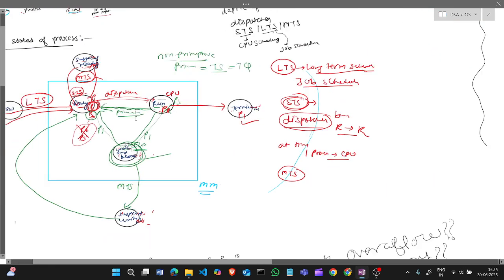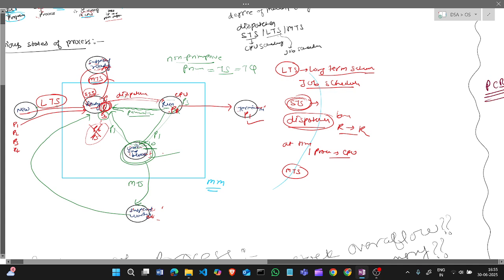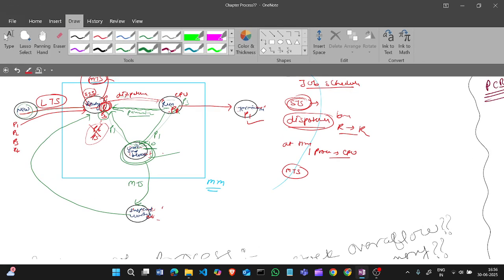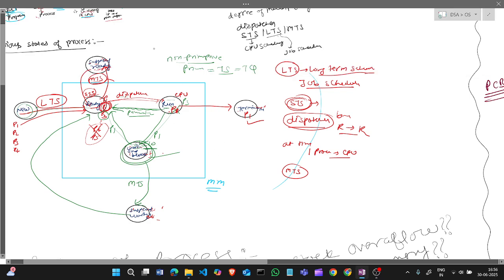There are several terminologies like this. First is the long term scheduler. It is bringing programs to the ready state, and it is controlling the degree of multi-programming. Degree of multi-programming means how many processes are in the RAM, the main memory, at a time.